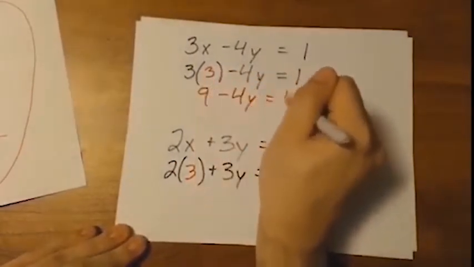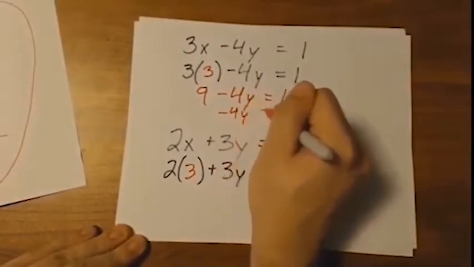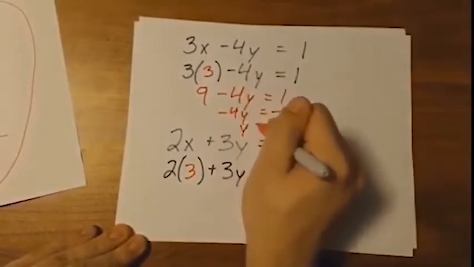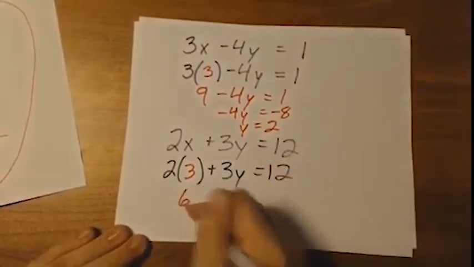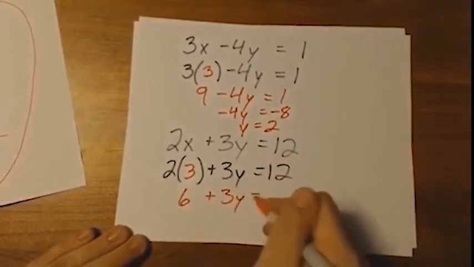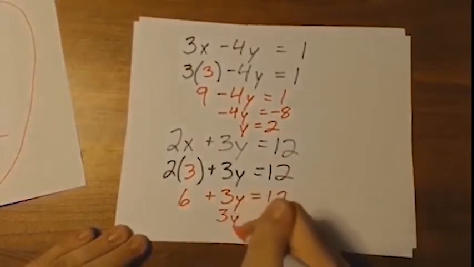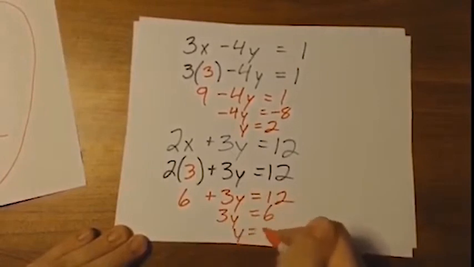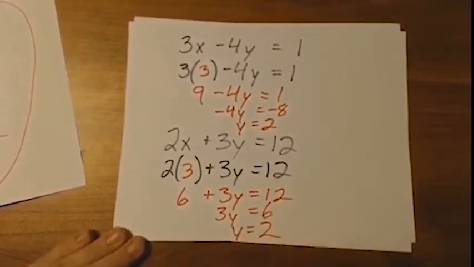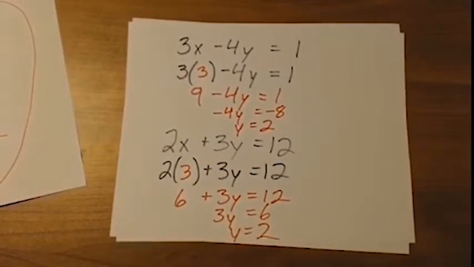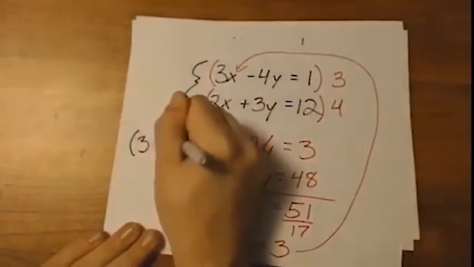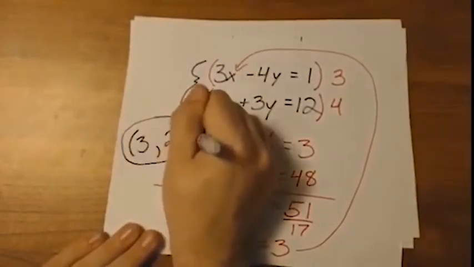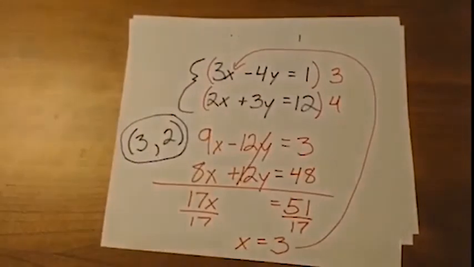Nine minus 4y equals 1, which means negative 4y equals negative 8, which means y equals positive 2. Or if you did the other equation, 6 plus 3y equals 12, so 3y equals 6, so y equals 2. Either way, you're going to get y equals 2. Pair that with your x equals 3. Our answer is (3, 2).